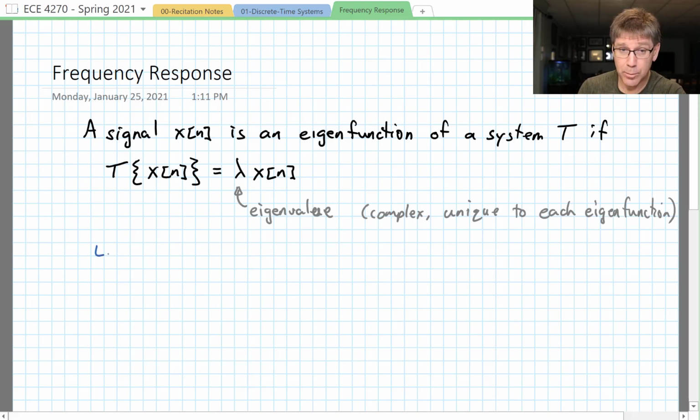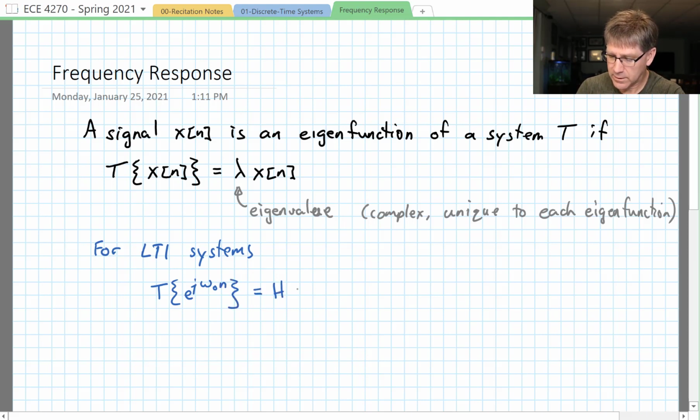Okay, so here's a little prefiguring of what's to come. For LTI systems, your eigenfunctions are all of the form e^(jω₀n). And what we get out is H(e^(jω₀)) times e^(jω₀n).